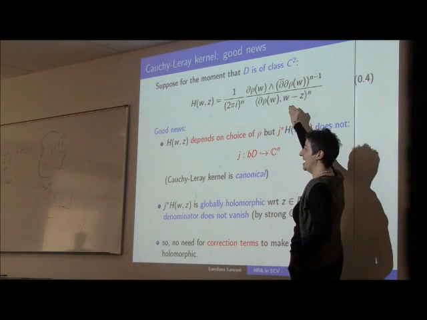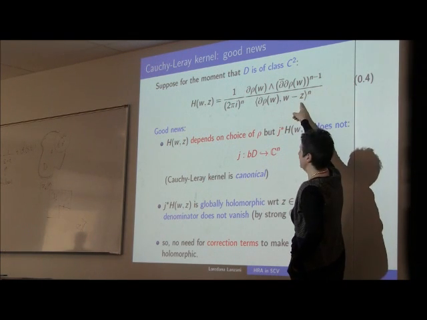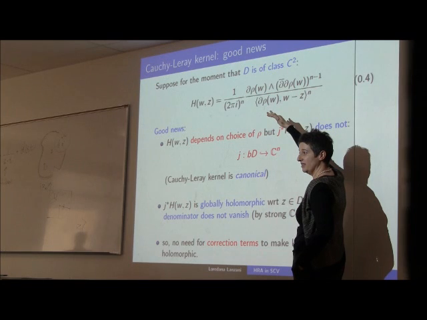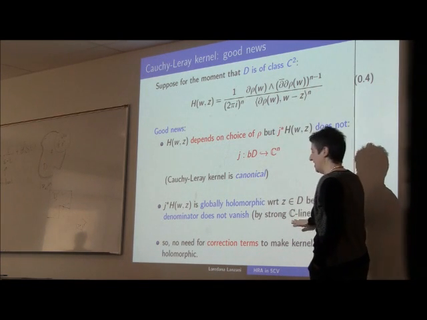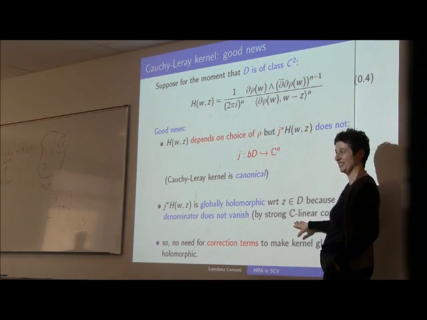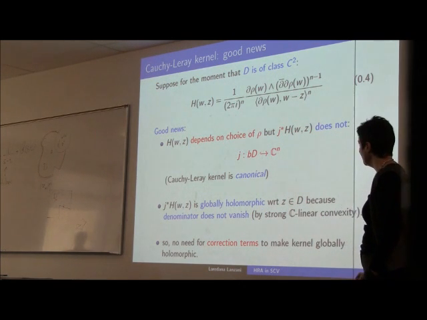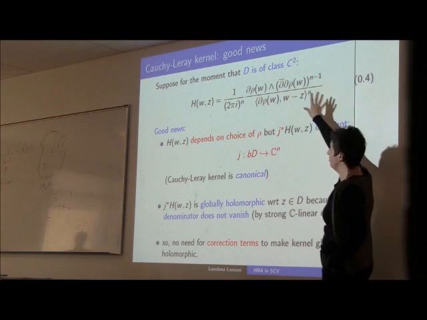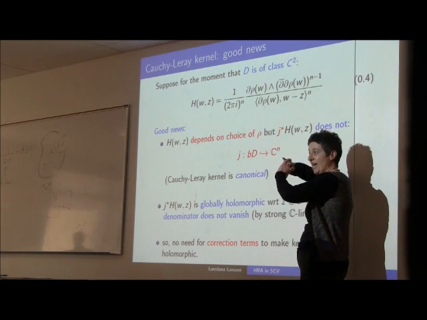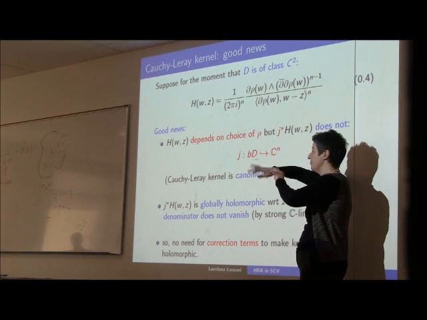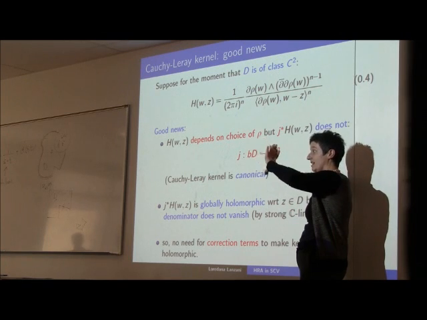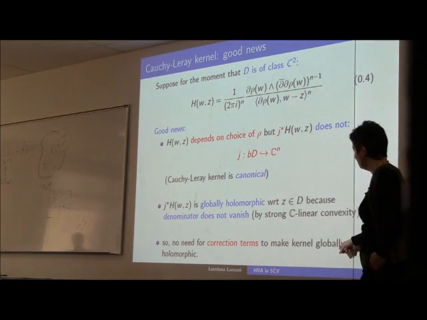So what you actually have is a rational function of z. It's 1 over a polynomial. And this polynomial doesn't vanish by strong linear convexity. So this function is analytic, holomorphic. And this is a global holomorphicity. It doesn't just happen when z is near w, as for the strongly pseudo-convex domain. It happens in the entire domain D. So no need for correction.